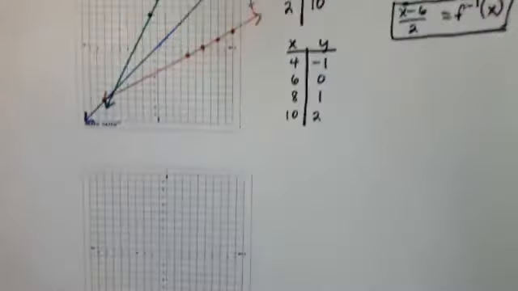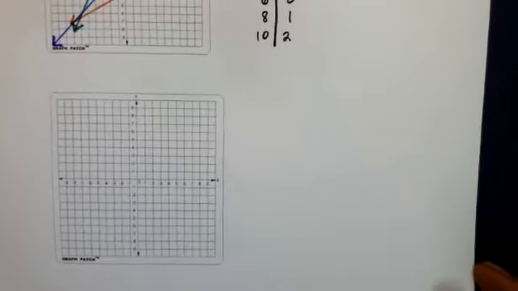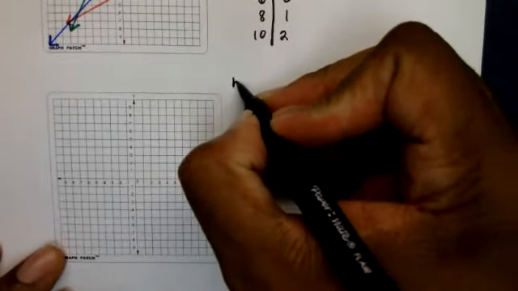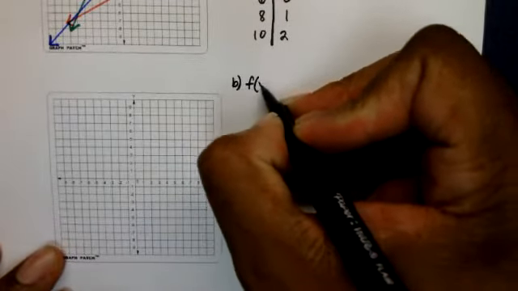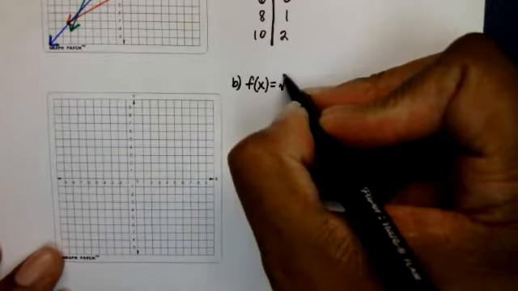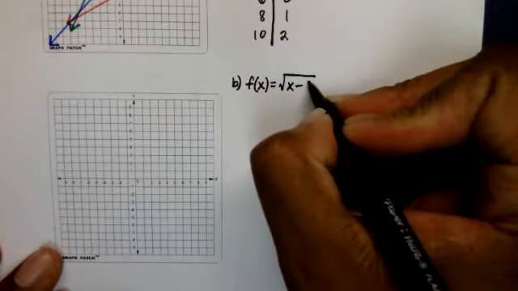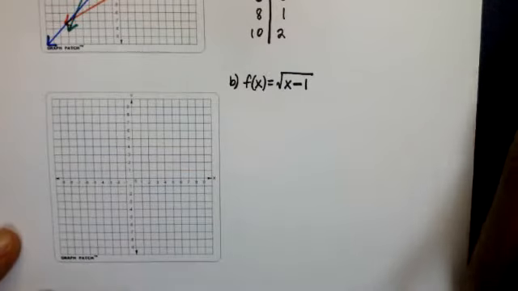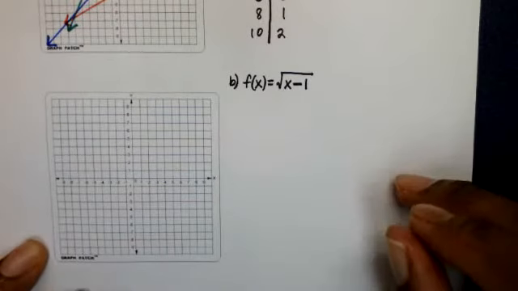All right, let's look at part B. In part B, we got f of x equal to the square root of x minus 1.